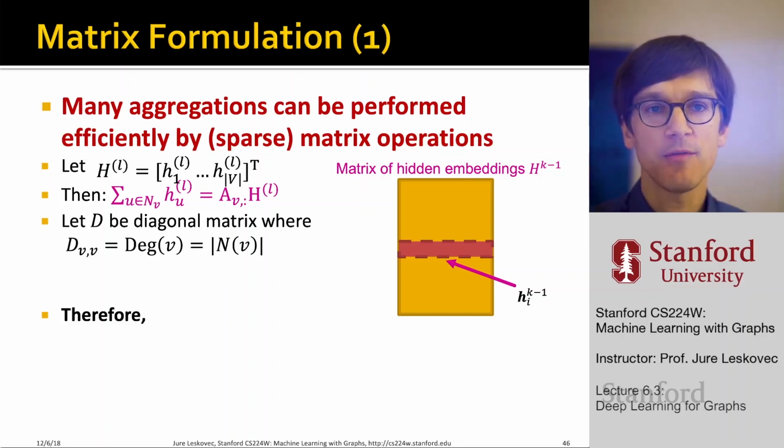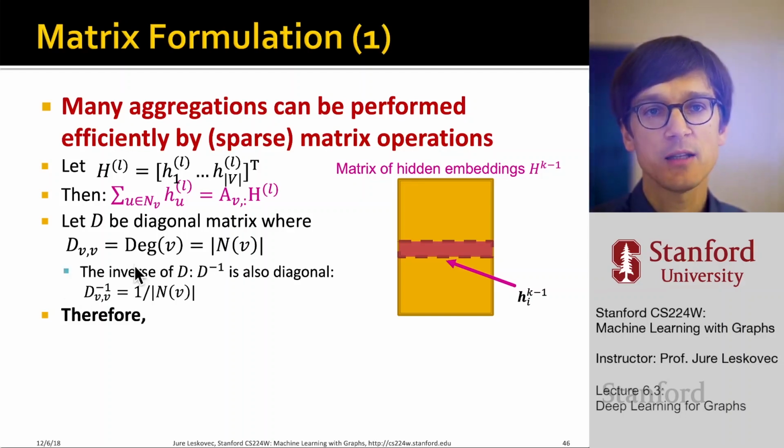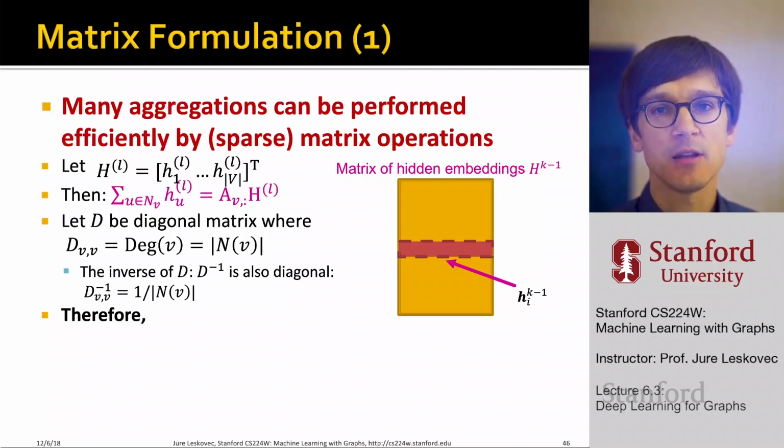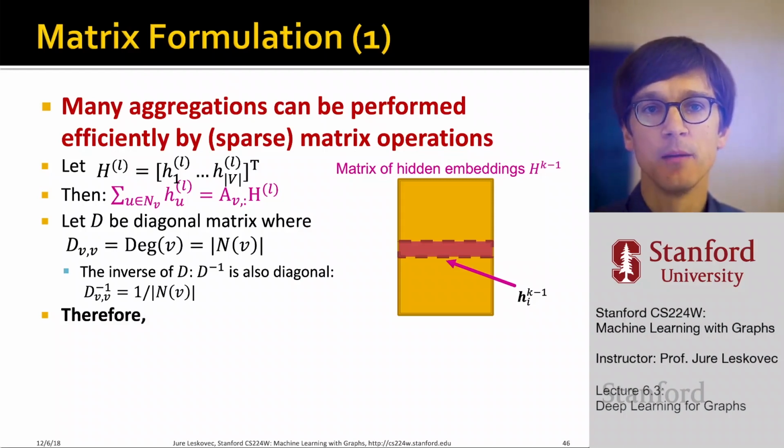Then I can also define this notion of a diagonal matrix D, where the matrix is zero everywhere except on the diagonal, where we have non-zero entries that are the degrees of individual nodes. And then if you ask what is the inverse of this diagonal matrix D, it is another diagonal matrix where the entries on the diagonal are now 1 over the degree, so that D times the inverse of D is an identity matrix, right?